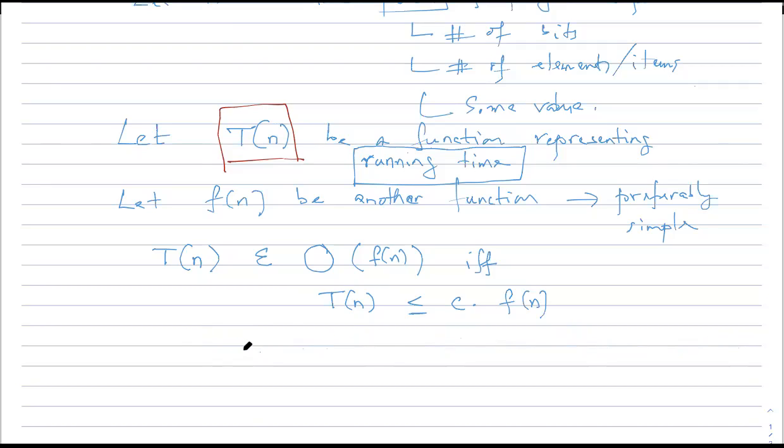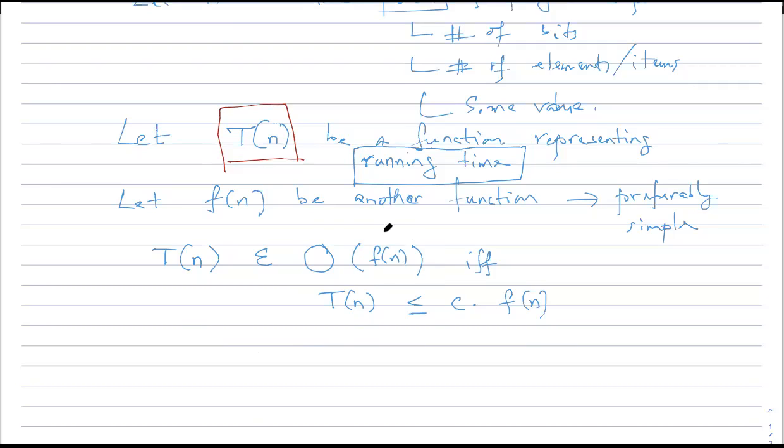Wait, can you clarify the left side of the if and only if statement again? Left side, yeah, this is what we are defining, right? The big O notation. We are saying that the running time will be an element of the big O of f of n, okay?